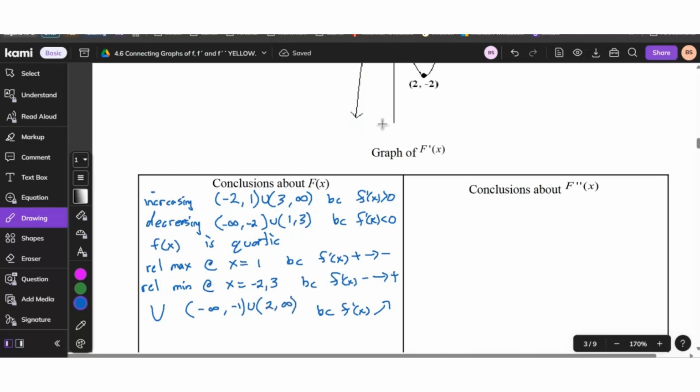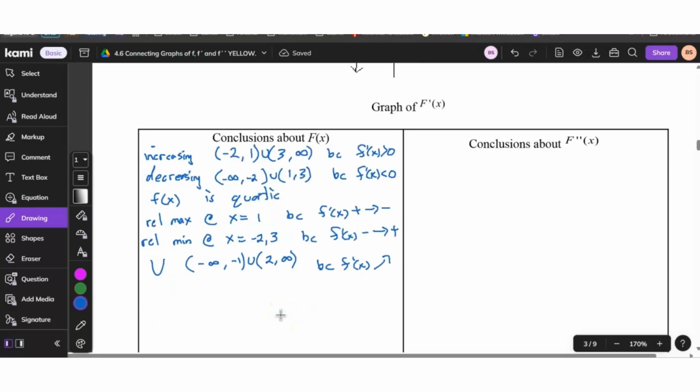All right. Matthias, what are we talking about? We're not saying that f of x is increasing. We're saying f of x is concave up on these intervals because f prime is increasing. Because remember, if f prime is increasing, that means that the second derivative is going to be above 0, which would mean that if the second derivative is above 0, the original is concave up, right? So that's how we're going through it.